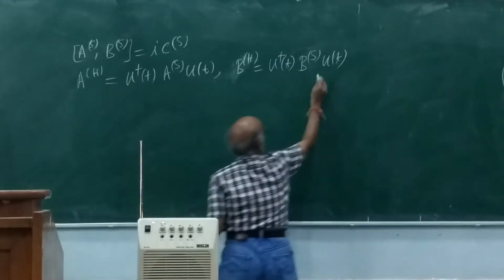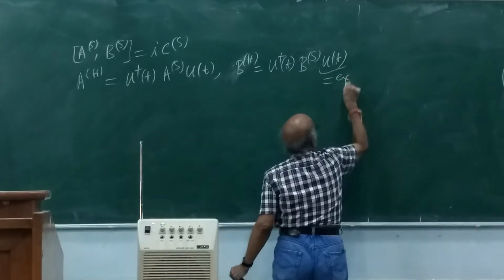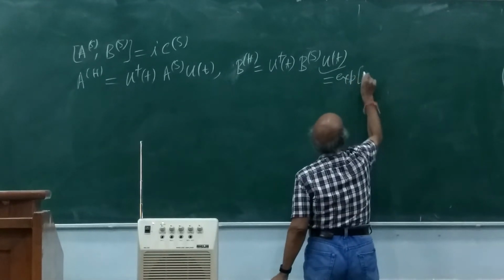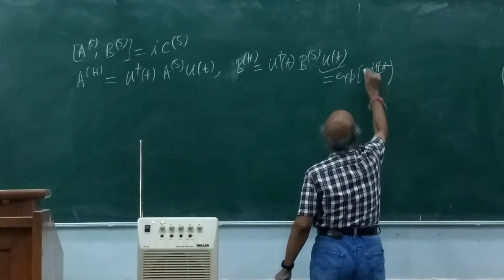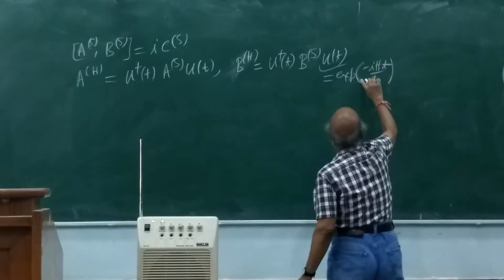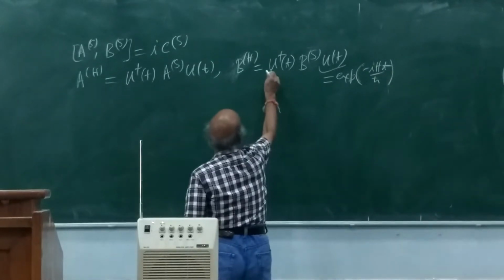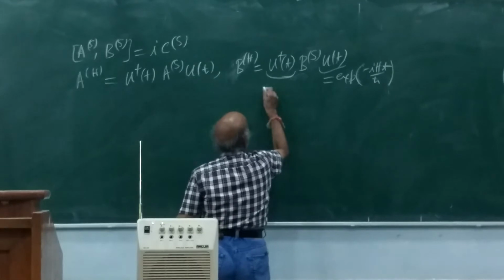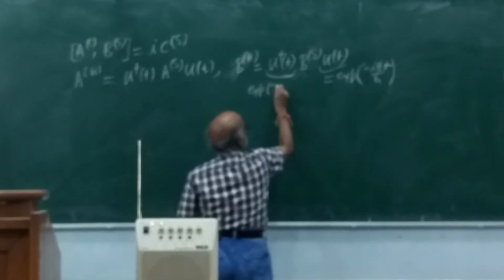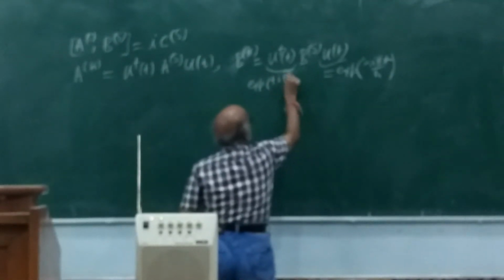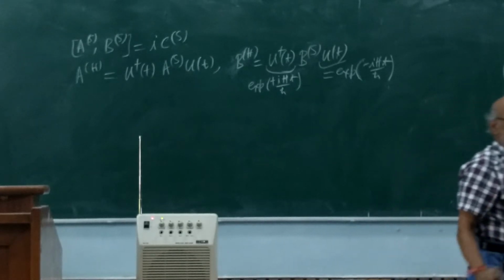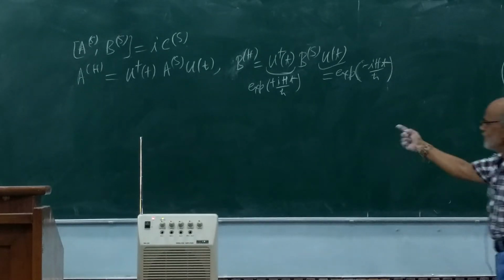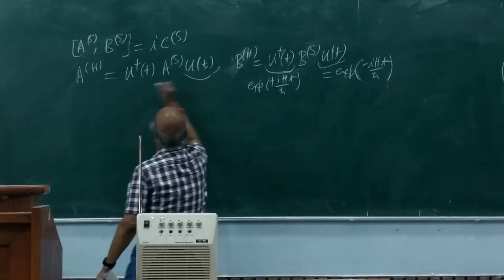For U of t, I know this is given by exponential of minus iSt by h cross, and therefore U dagger also I know is exponential of plus i by h cross into S into t. The same thing also holds here and here.